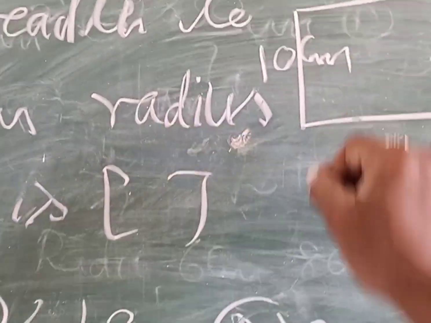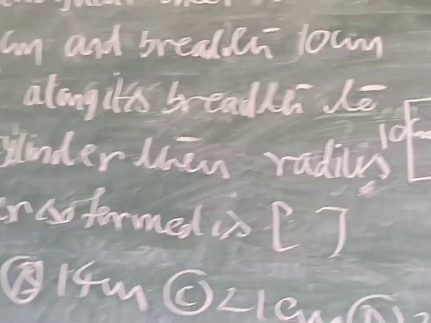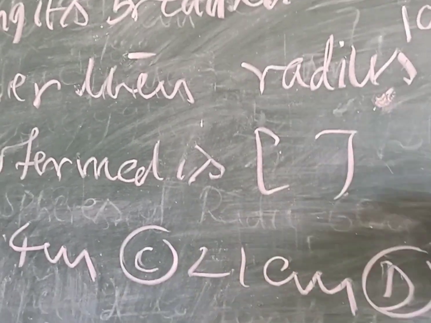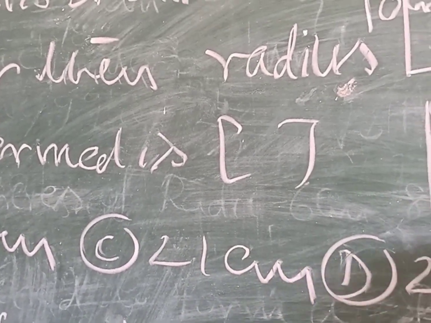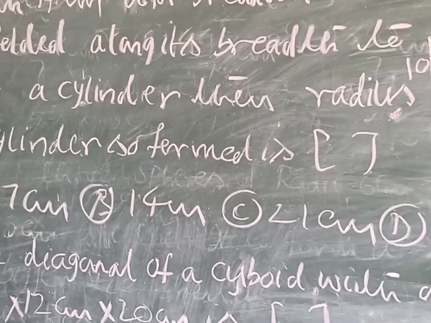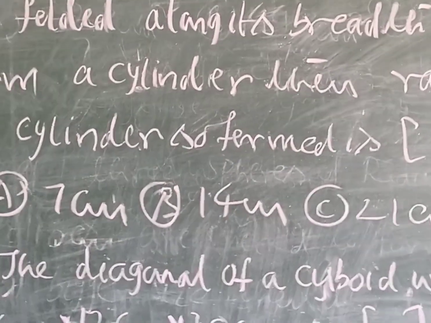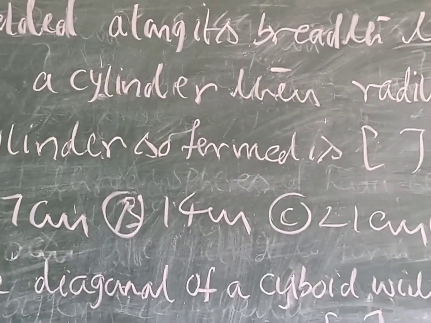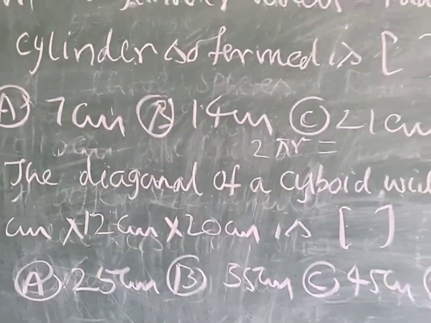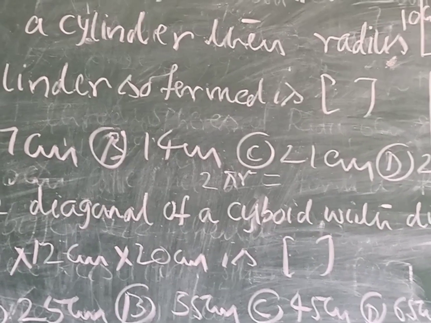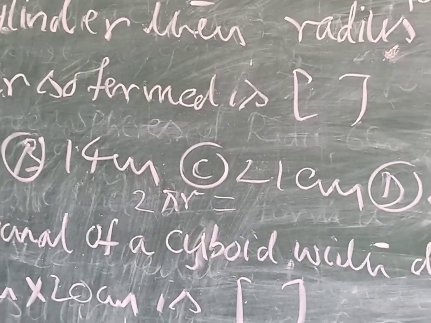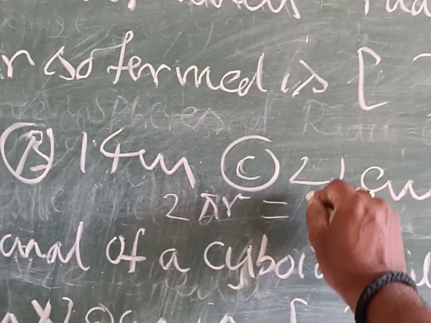When it is folded to form a cylinder along its breadth, the perimeter of the cylinder is equal to the length of the rectangular sheet.